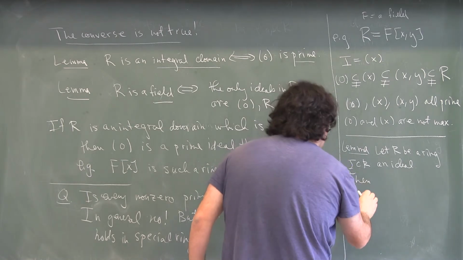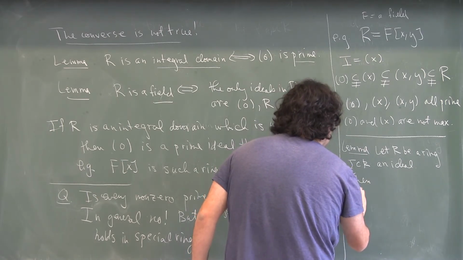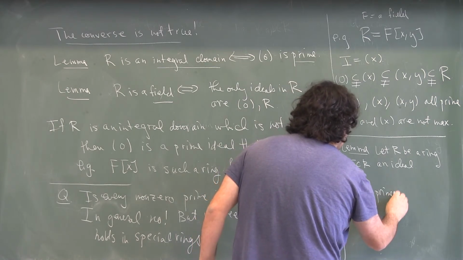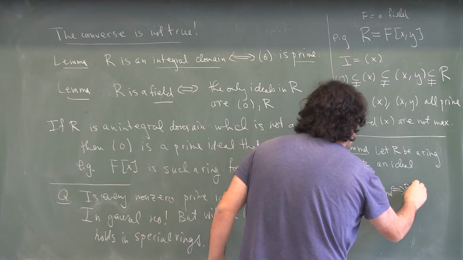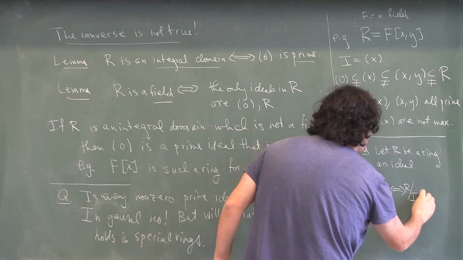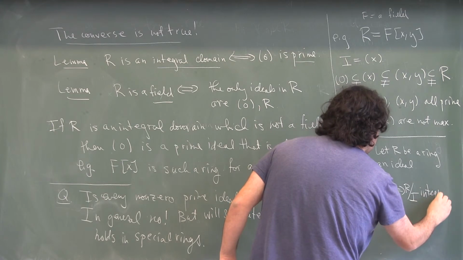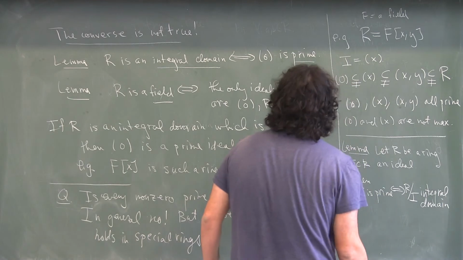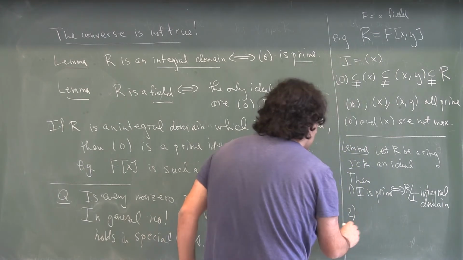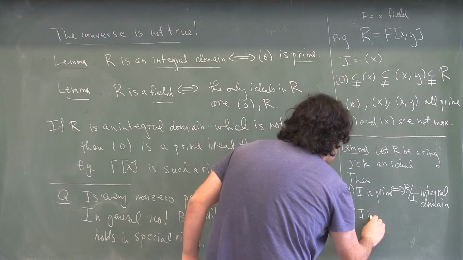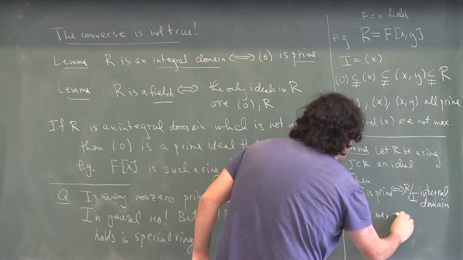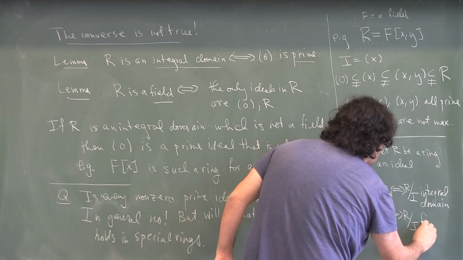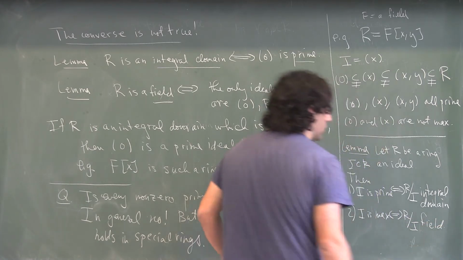first of all, the ideal I is prime if and only if the quotient R mod I is an integral domain, and secondly, I is maximal if and only if the quotient R mod I is a field.